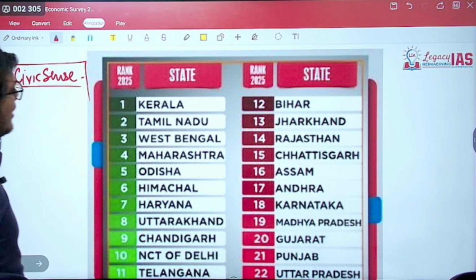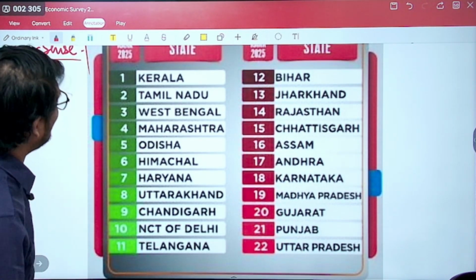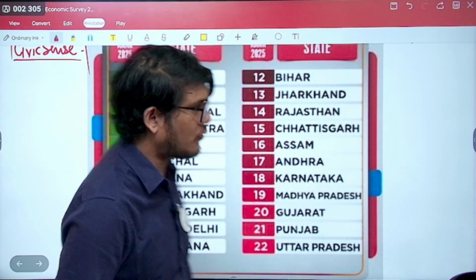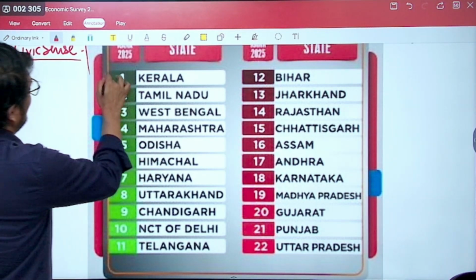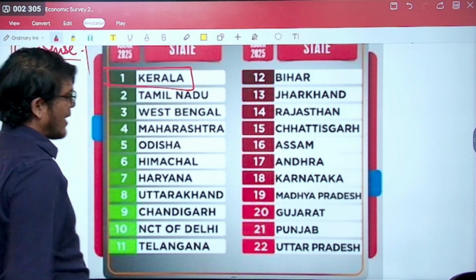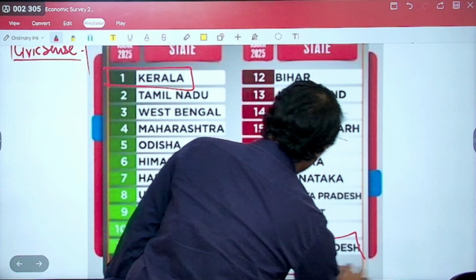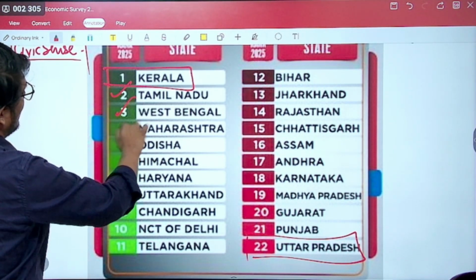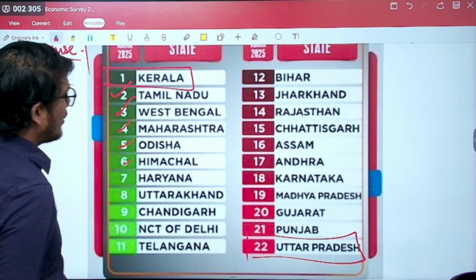So it shows that which state has the highest civic sense and which has the lowest. So according to this survey, which is mentioned in the economic survey, Kerala is having the highest civic sense. Uttar Pradesh, on the other hand, has the lowest. After Kerala, there is Tamil Nadu, West Bengal, Maharashtra, Odisha, so on and so forth.